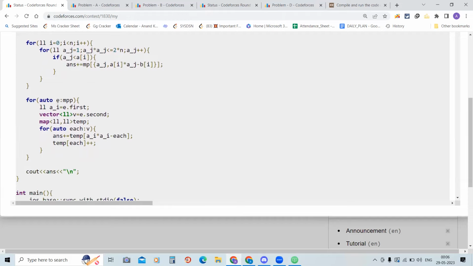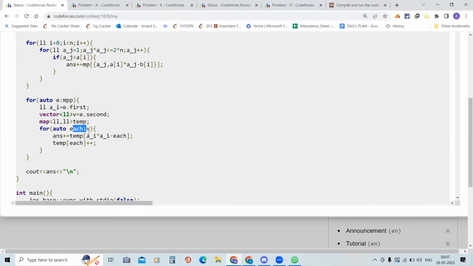For part 2, I iterate over my map, each of the possible values of X. Then I store what AI will be: E dot first. And the associated BI values corresponding to this AI will be E dot second. Then I declare a temp mapping.